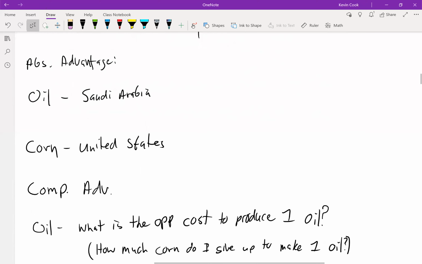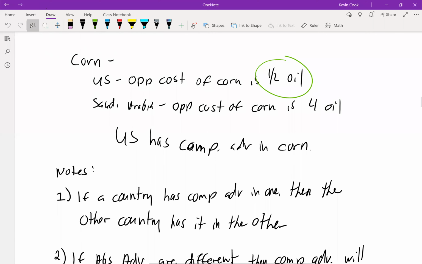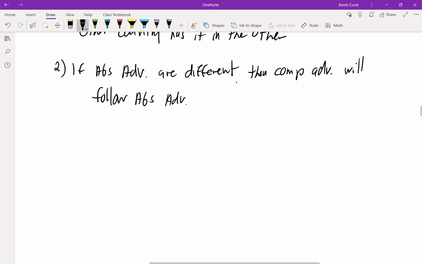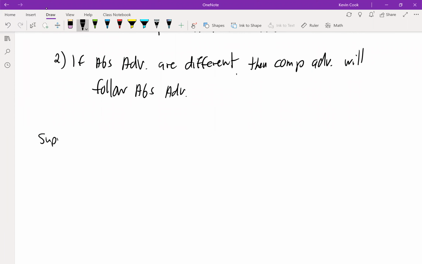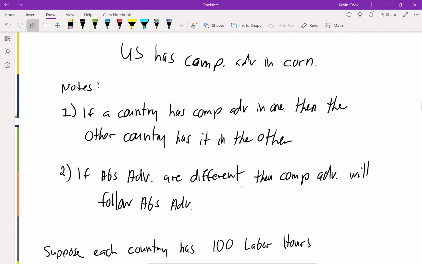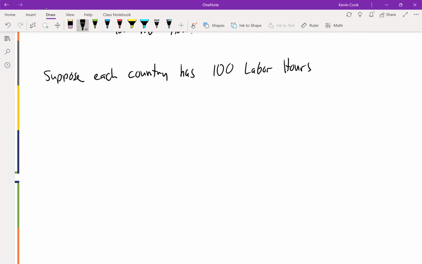So just a couple tricks that we see with this. Nice little introduction to comparative and absolute advantage. But if we want to take this a step further, let's suppose that each country has 100 labor hours. And I'm interested in saying, what goods could we produce if we each have 100 labor hours, or 100 worker hours, whatever the case is, to work with.